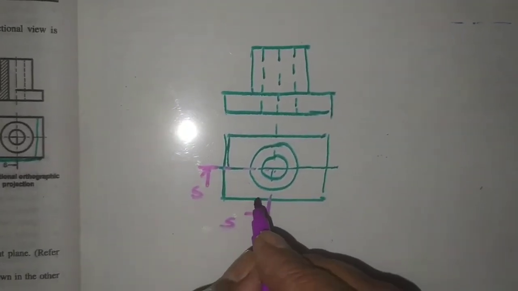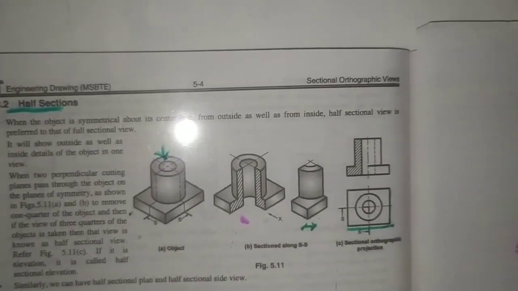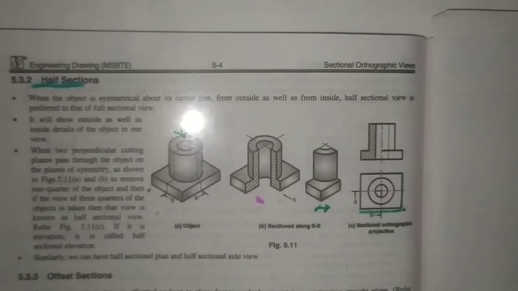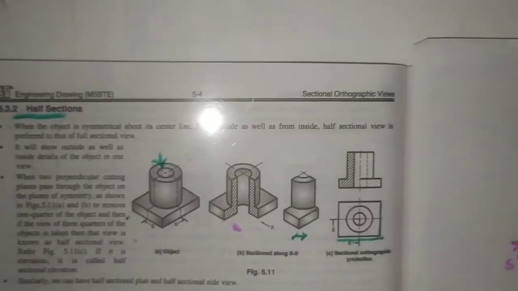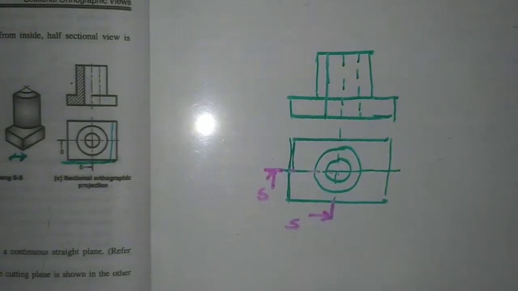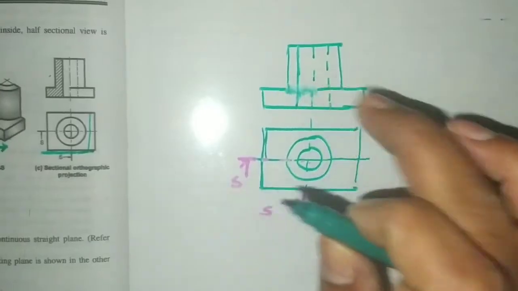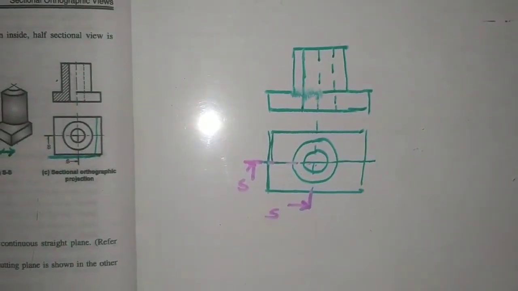Then what will be the effect here? We will observe this part. These lines that are seen by the observer are shown by dark lines. We have to remove the common contact line between these two parts.